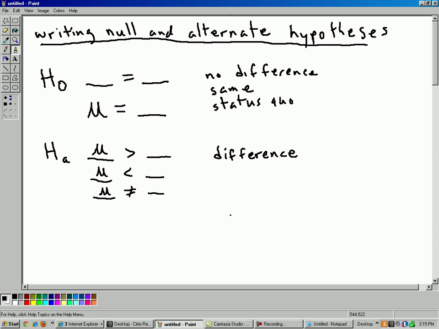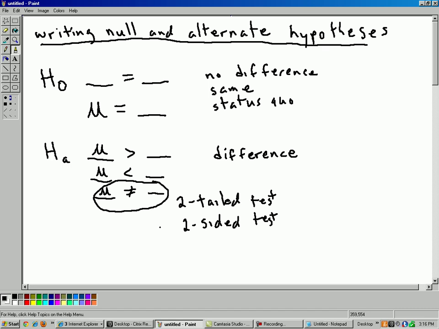Now, I want to mention one-tailed and two-tailed tests here. If you have this situation, mu is not equal to something, that is called a two-tailed test, or some textbooks refer to this as a two-sided test. And the reason is because mu could be greater or it could be less. So there's two ways that this statement could be true.